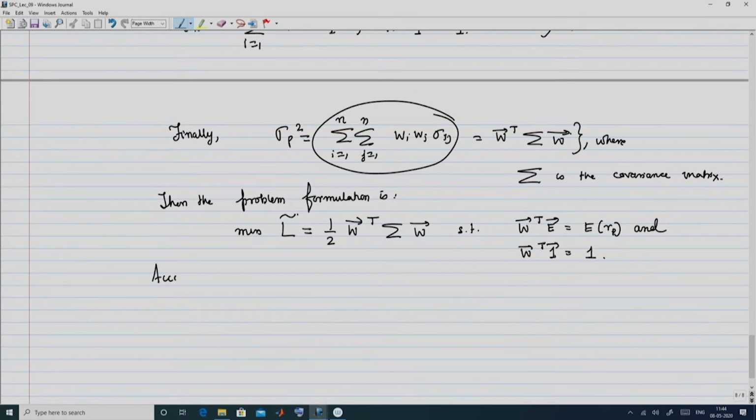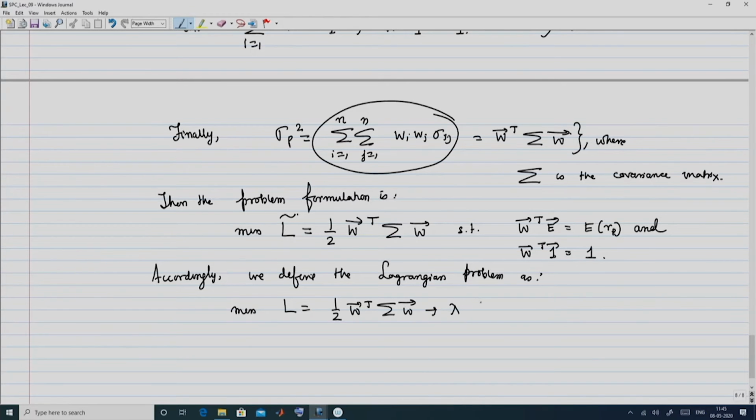So, accordingly, we define the Lagrangian problem as minimization of L, half W transpose sigma W plus lambda E R P. So, from this constraint, E R P minus W transpose E plus gamma, I will incorporate this constraint.